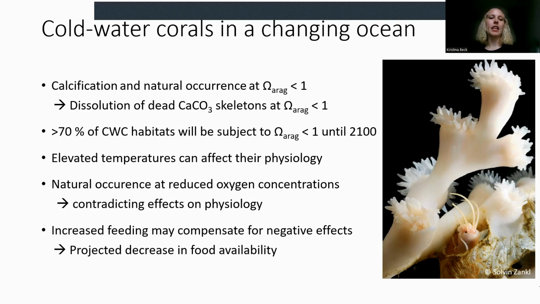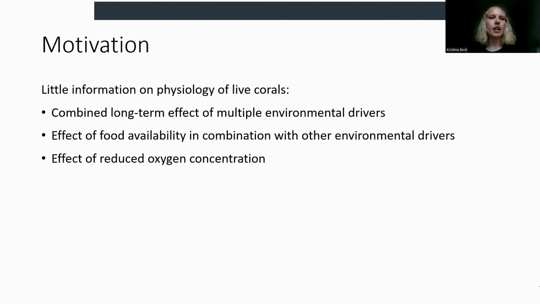We expect that increased feeding may help them to compensate for negative effects of changes in other environmental factors. But there are very few studies that took into account changes in food availability. As I said before, we actually expect a decrease in food availability due to climate change because of decreases in primary production.